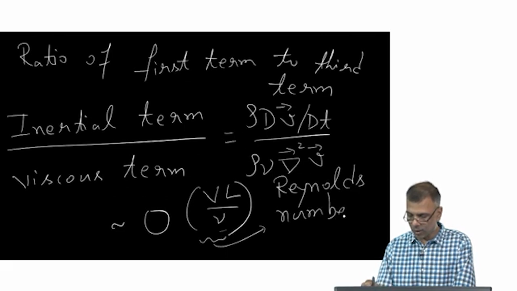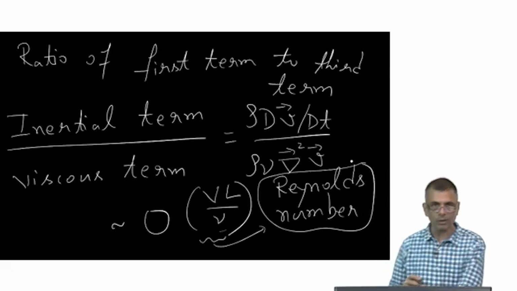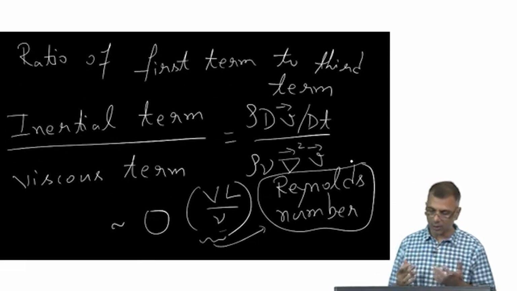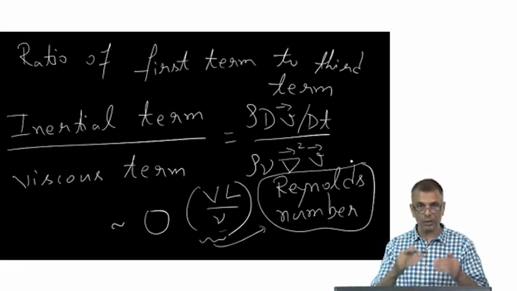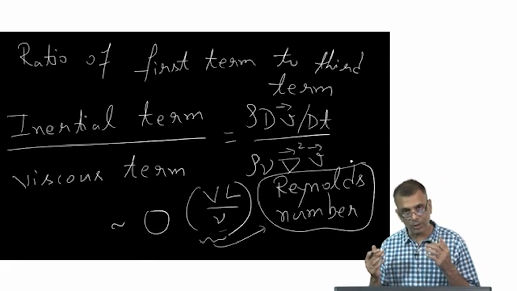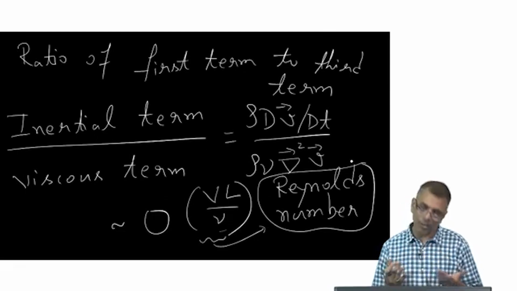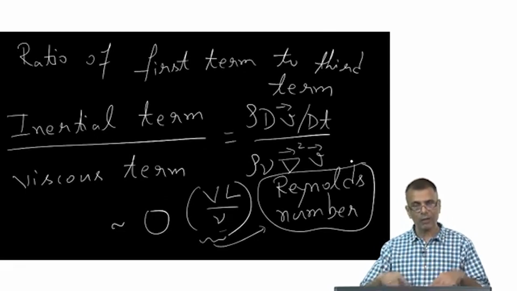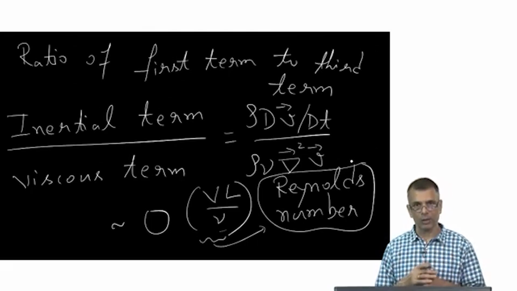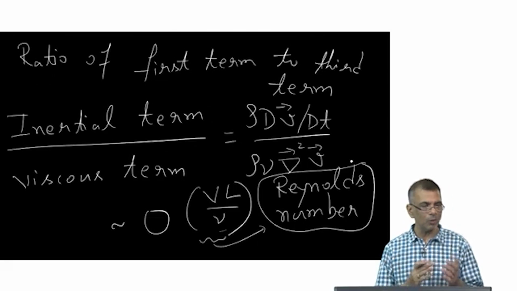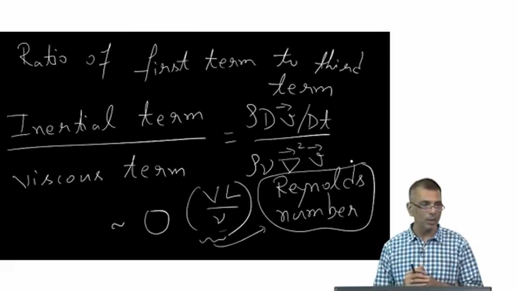Another very important number in fluid dynamics, the Reynolds number. The Reynolds number gives you the ratio of the inertial term to the viscous term. If the Reynolds number is large, the viscous term is relatively speaking negligible. If the Reynolds number is low, then the viscous term is quite important. So this is how these things come about.